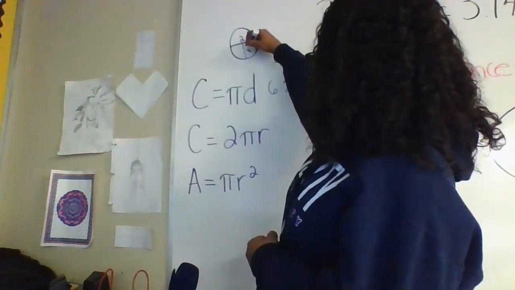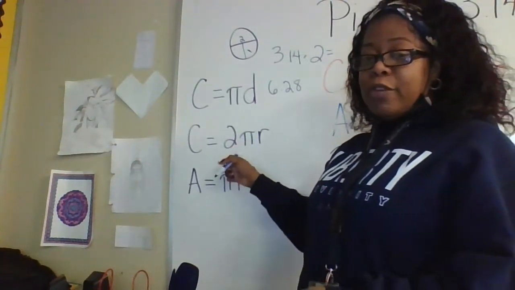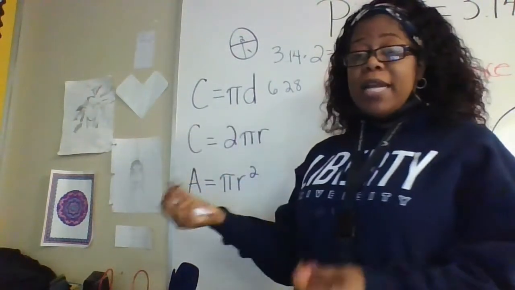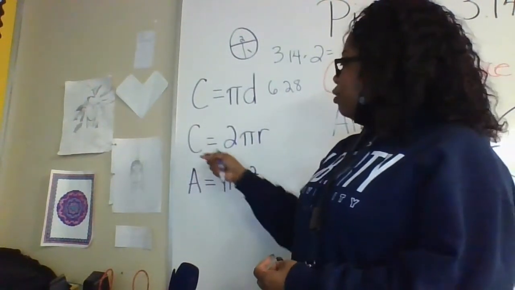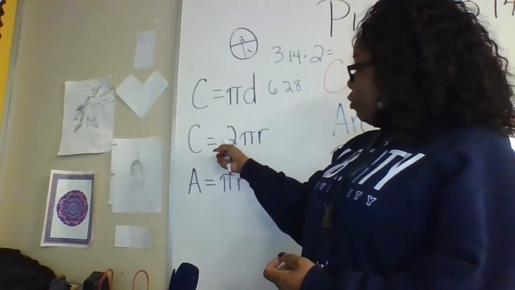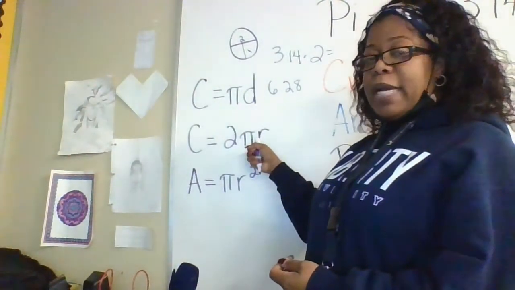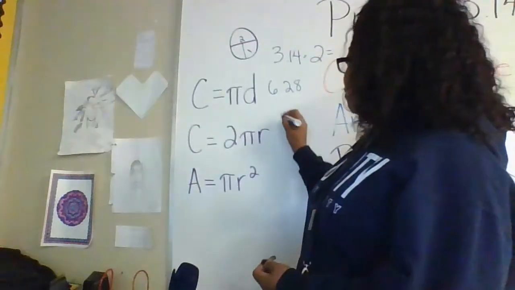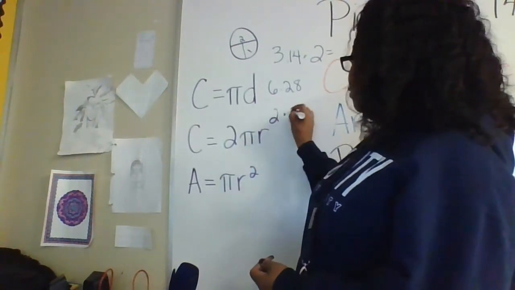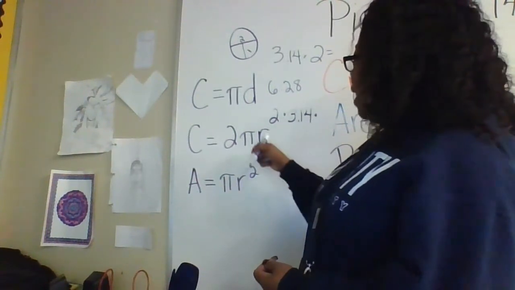So, boom, cool, 1. So now I can, again, rewrite this formula. If I have the radius to work with, then I will use C, which is circumference, is equal to 2 times pi times radius. Okay? So that means I would take the number 2, multiply it by pi, which is 3.14, and then multiply by the radius.